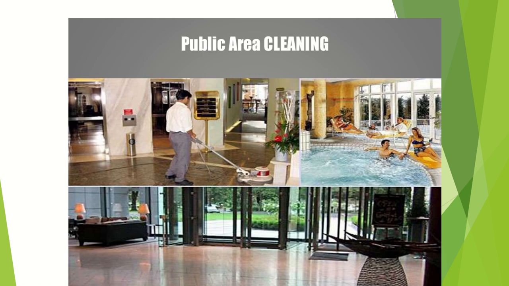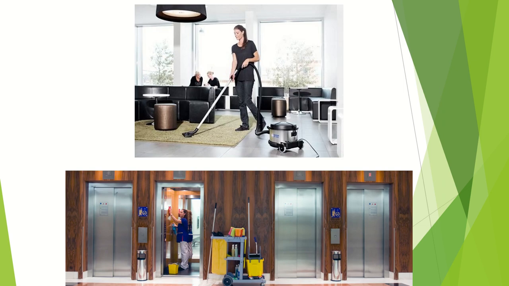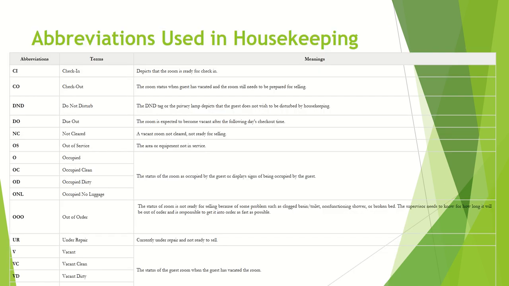And this is the picture of public area cleaning: lobby, hallway, swimming pool, reception counter, elevator, and also includes the back office. And I have some useful abbreviations used in housekeeping.